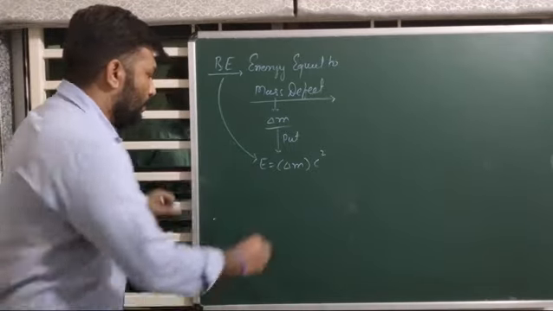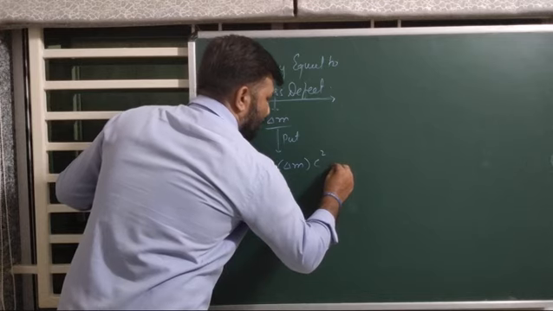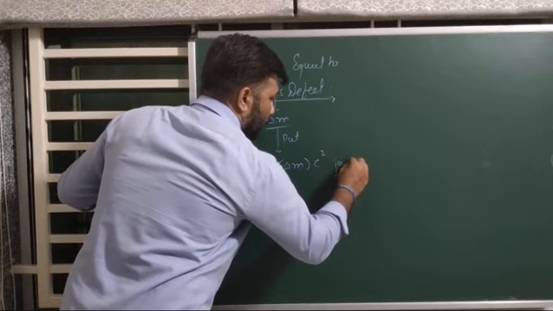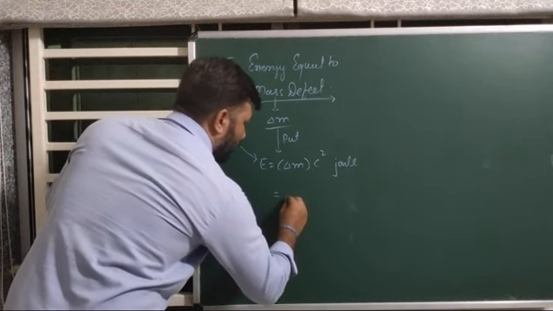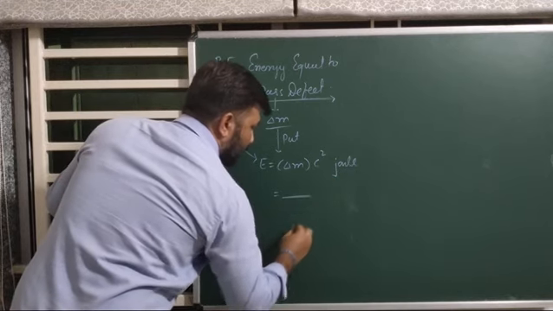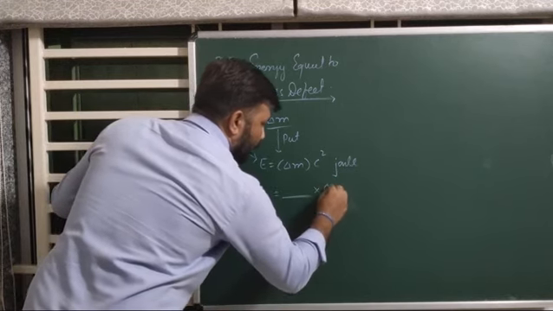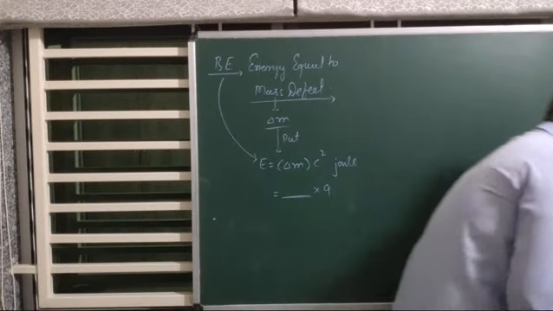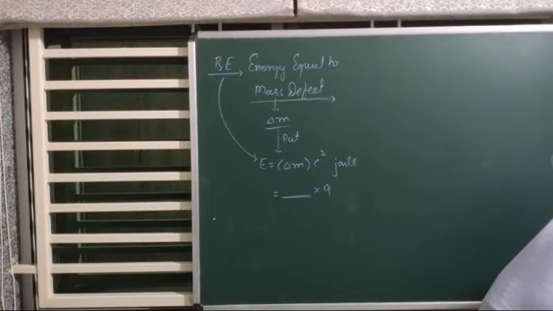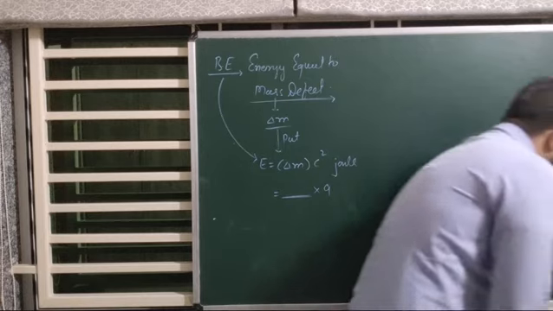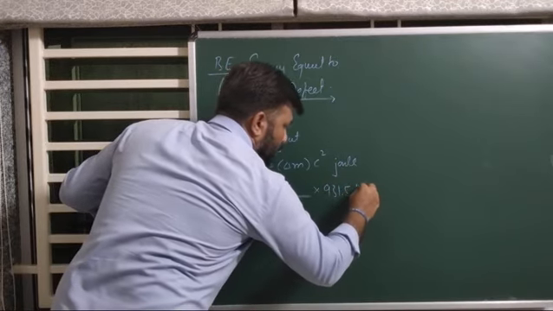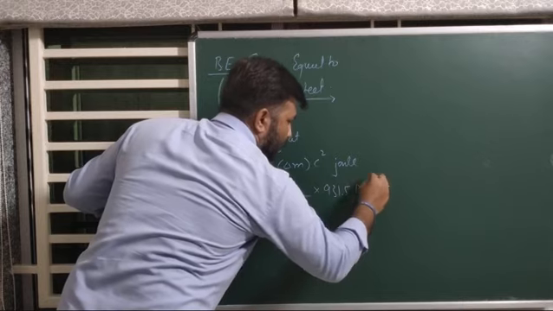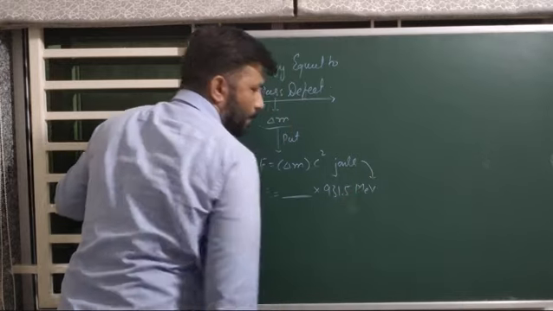Clear? So, this answer you will get in joule. But if you want to convert to electron volt, then the answer will be multiplied by 931.5, so your answer will be in MeV.